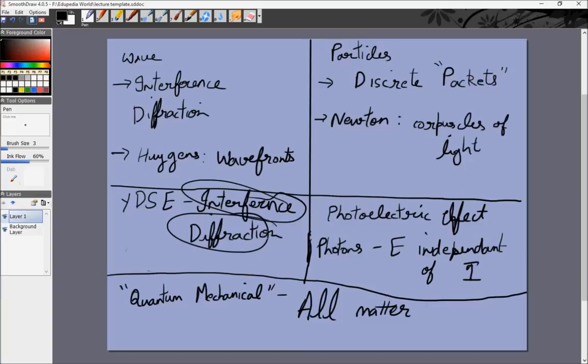Now another thing which supported the quantum mechanical nature of light was we discovered that even in interference and diffraction, it works even with just particles. So for example, if you did the Young's double slit experiment, and let me just draw the figure, I'm going to remove this all.